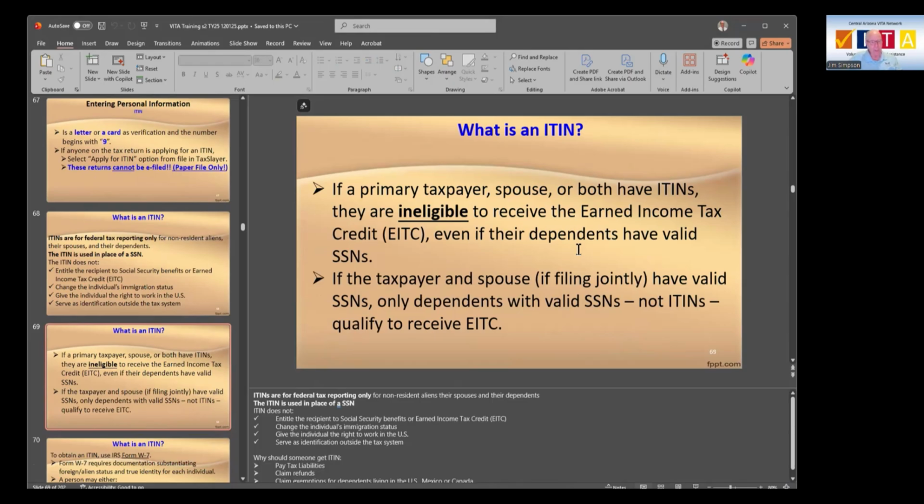There's some other things about ITIN that says right here, if a primary taxpayer, spouse, or both have ITINs, that's either or both, they are ineligible to receive the earned income tax credit, even if their dependents have valid social security numbers. If the taxpayer and spouse have valid social security numbers, only dependents with social security numbers, not ITINs, qualify to receive the earned income tax credit.